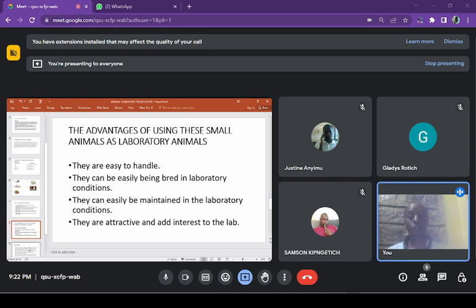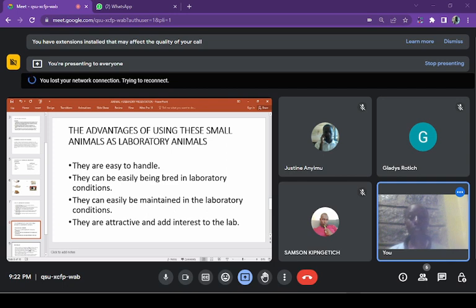You can also see in our common examples of those laboratory animals, most of them are small in size. So there are some advantages and reasons why we prefer small sized animals to be used as laboratory animals. One of the advantages is that they are easy to handle. When they are small in size, you can handle them easily without being harmed in any way.